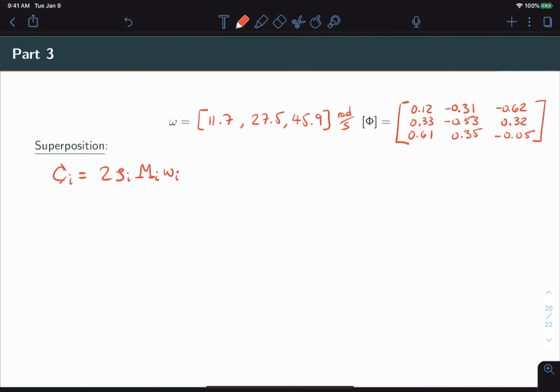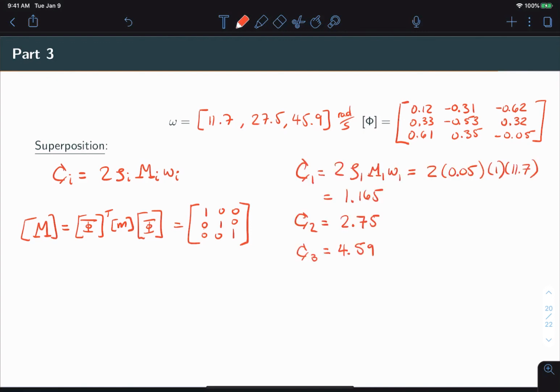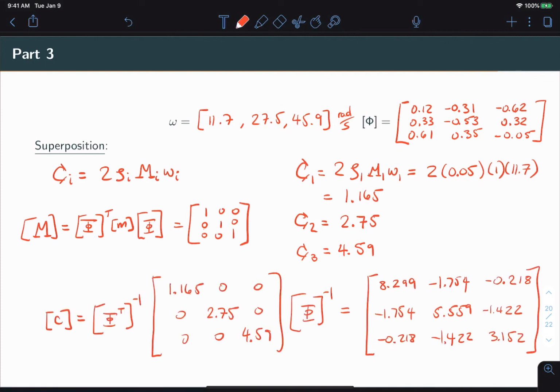But in a general case, you'll still need to define that, so let's go ahead and do that. Once we have those values, we can go ahead and calculate each corresponding C. Once that's established, we can use the inverse relationship to find our physical damping matrix. And there is your final solution.